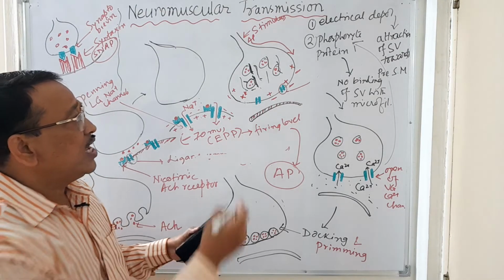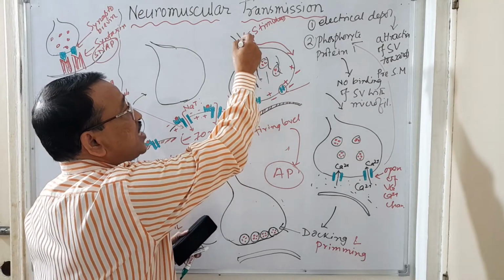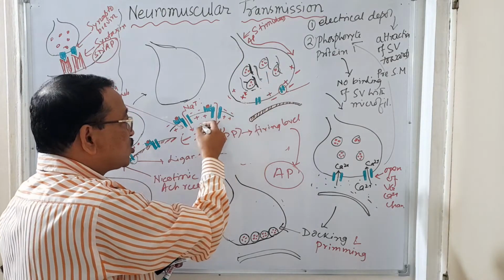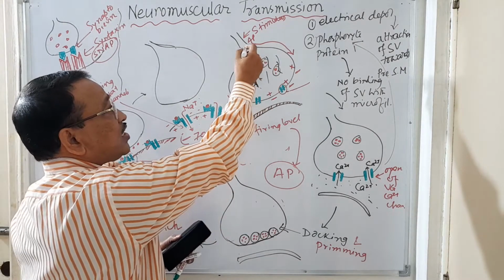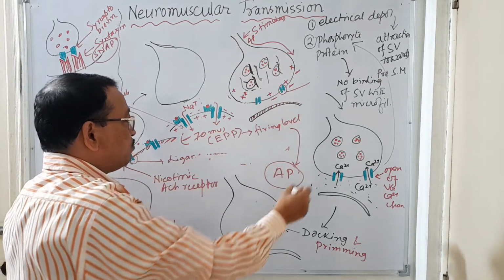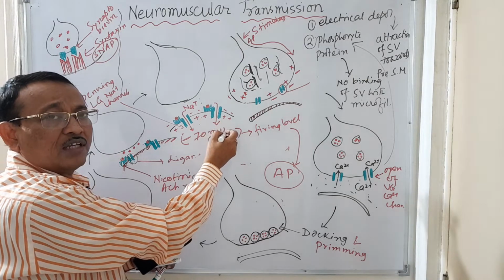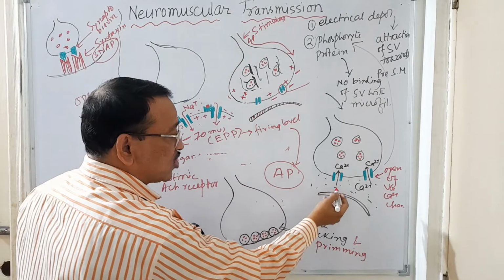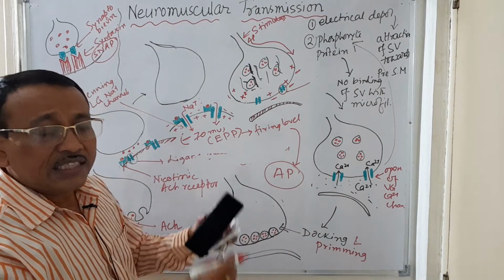So in this way, the action potential that is initiated in the motor neuron is passed to the muscle membrane. The electrical signal generated at the motor neuron is passed to the muscle membrane via the release of calcium, via the release of neurotransmitters from the synaptic vesicles.